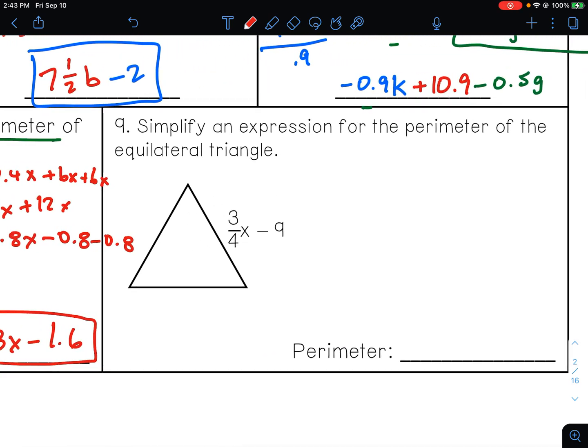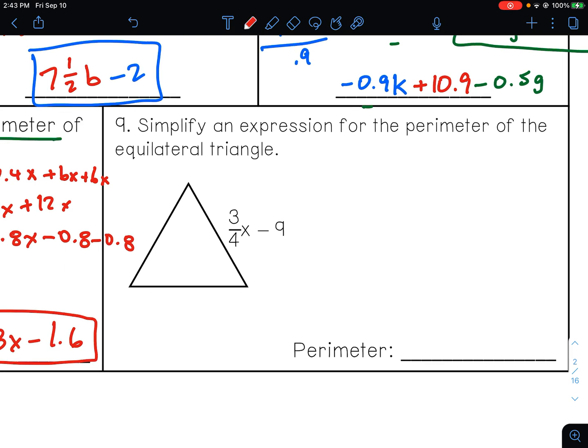Last one, I am going to simplify an expression for the perimeter of this equilateral triangle. Remember, equilateral triangles have three equal sides. So a couple of different ways I could do this. I could have just added all of these sides up, or I could multiply by 3. Let's just add them up.